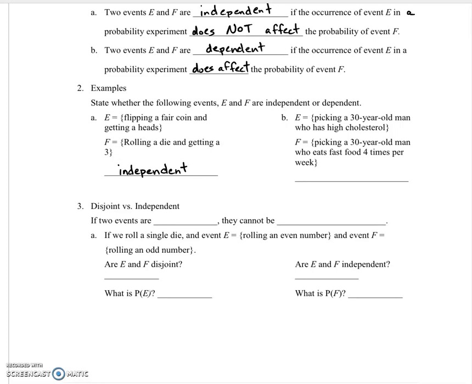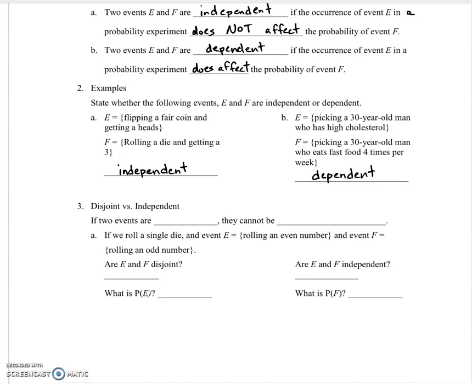Okay, what about picking a 30-year-old man who has high cholesterol or picking a 30-year-old man who eats fast food 4 times per week? Well, these are dependent. Why?